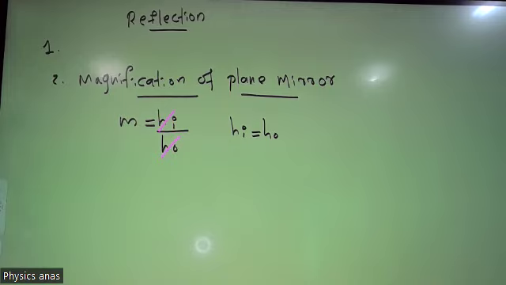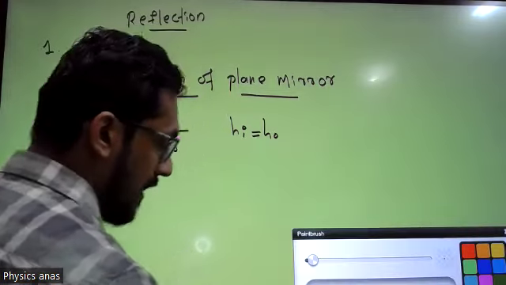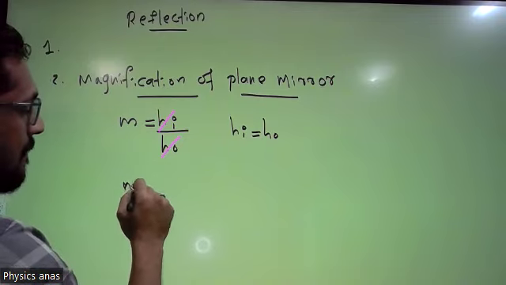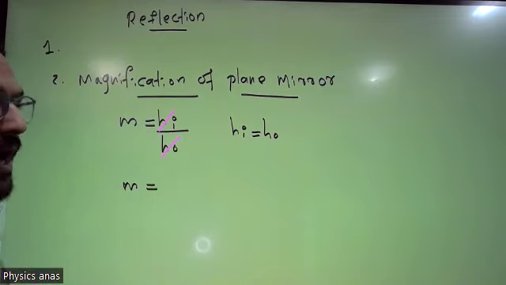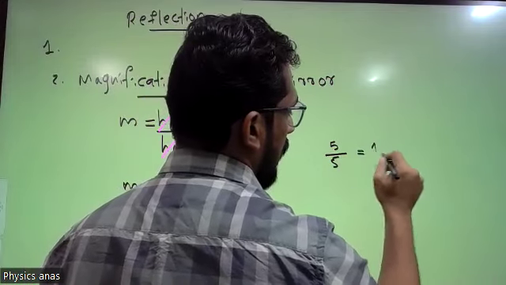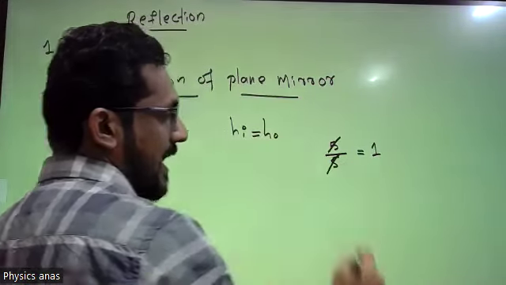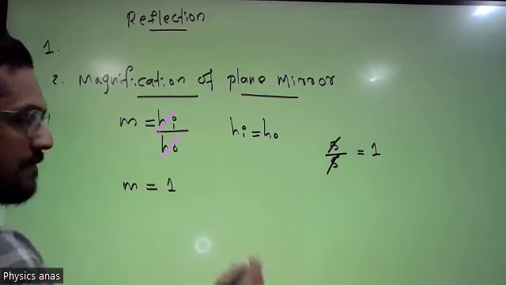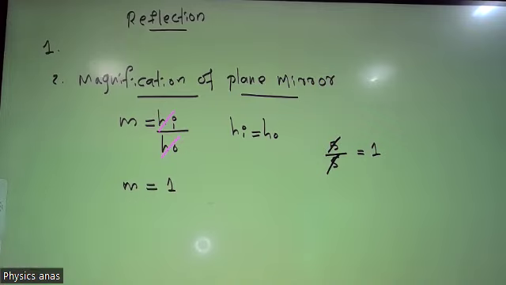If they cancel each other, what will be the final value? M will be 5 by 5, and 5 by 5 is 1. You can cancel it and the answer will be 1. That means the magnification is 1 for a plane mirror.